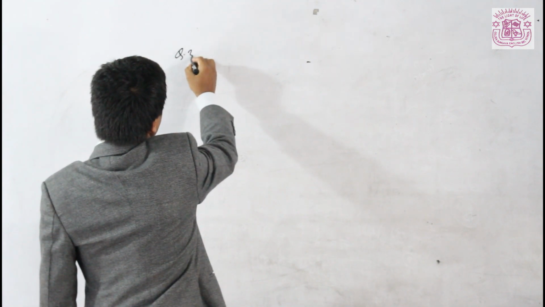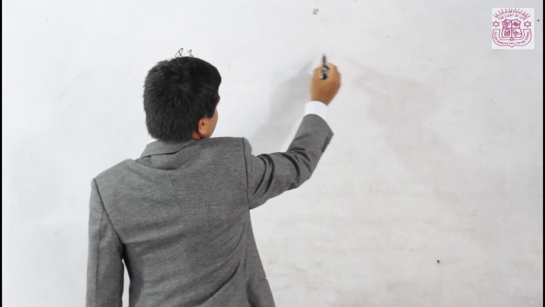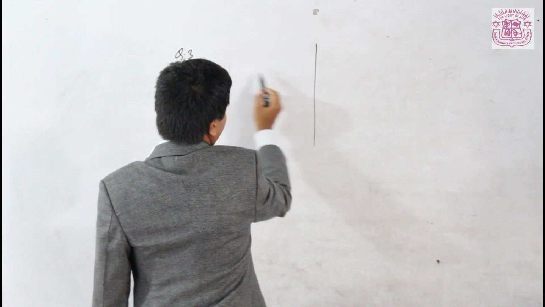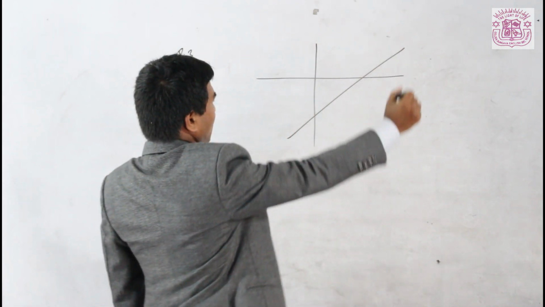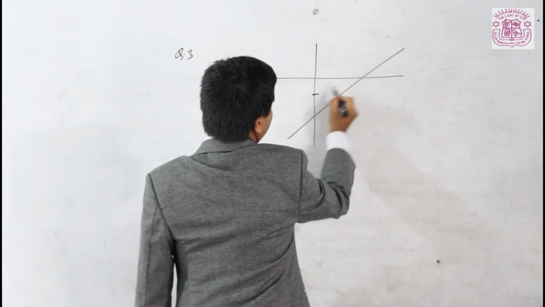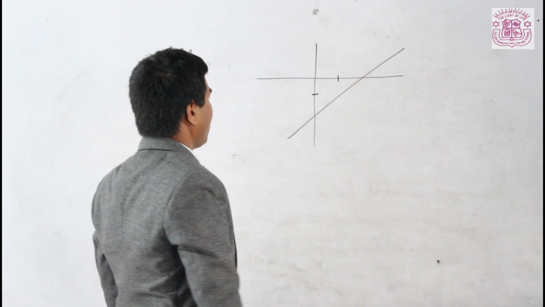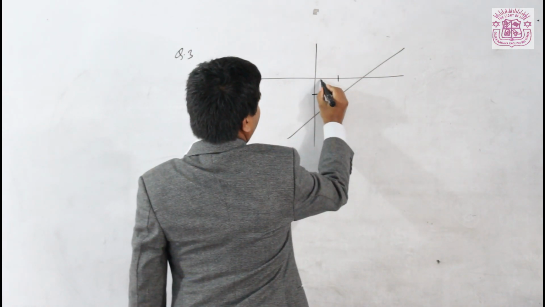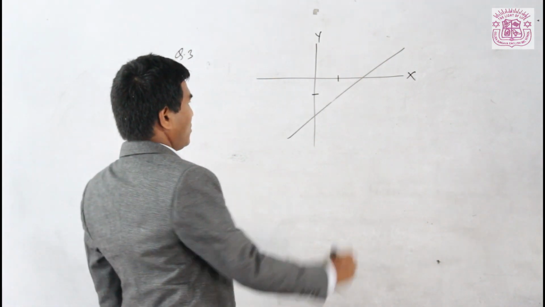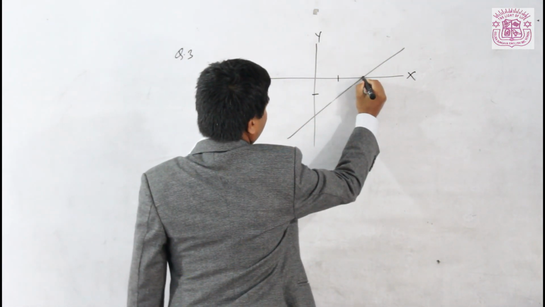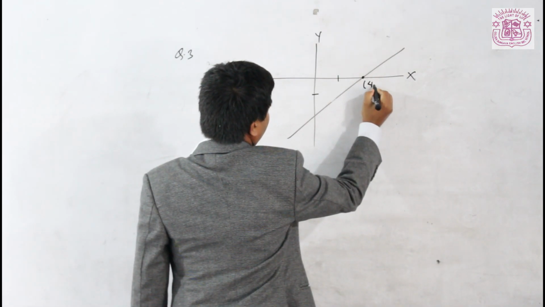The final example will be from the figure type question. Suppose you are given a figure like this. This is the equilateral triangle. Here is x, y, and you are given the coordinate of this point, suppose 4, 0.